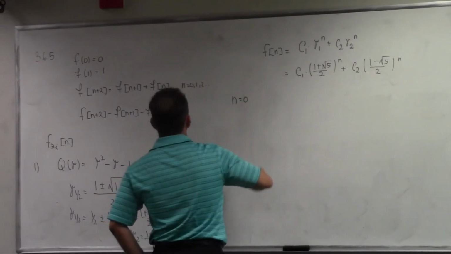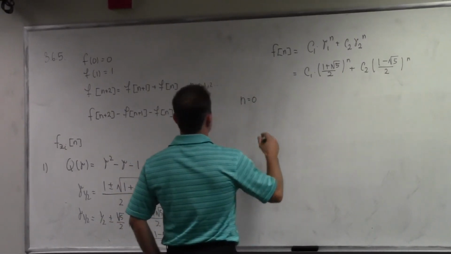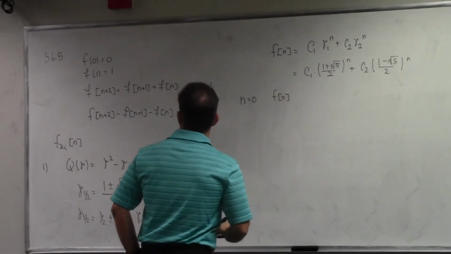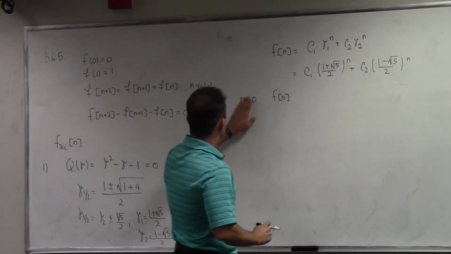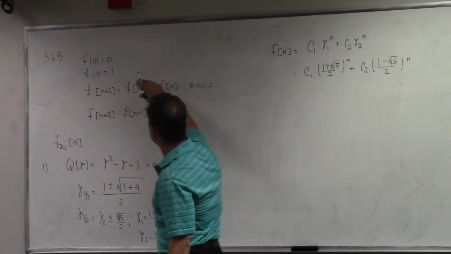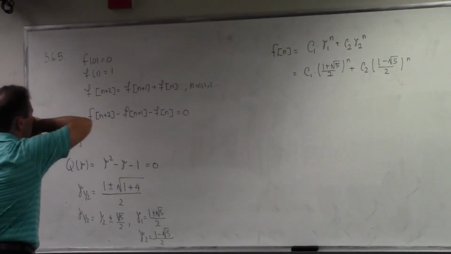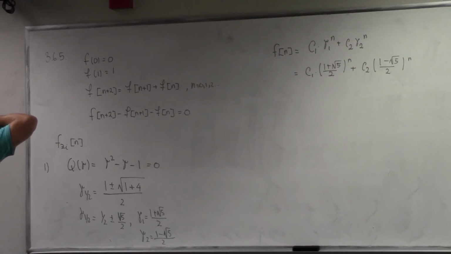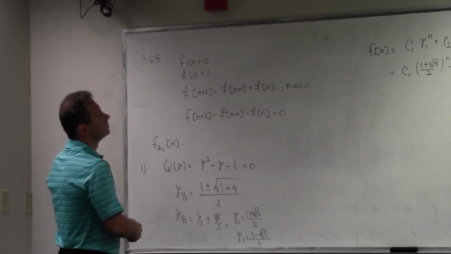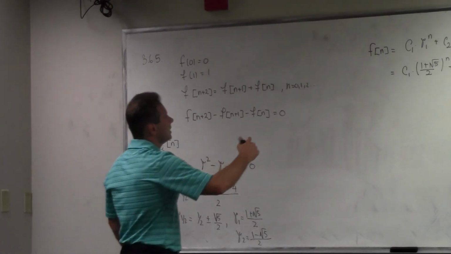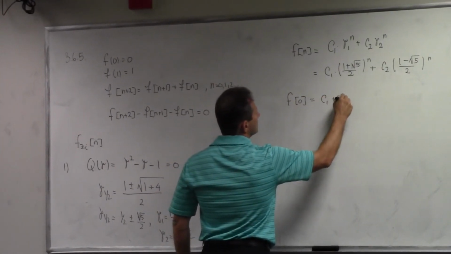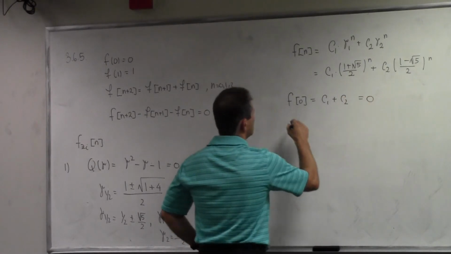Actually, sorry, let me correct this. This is for n equals 0, 1, 2, right? So I can say f of 0 is going to be C1 plus C2, and that has to be equal to 0.